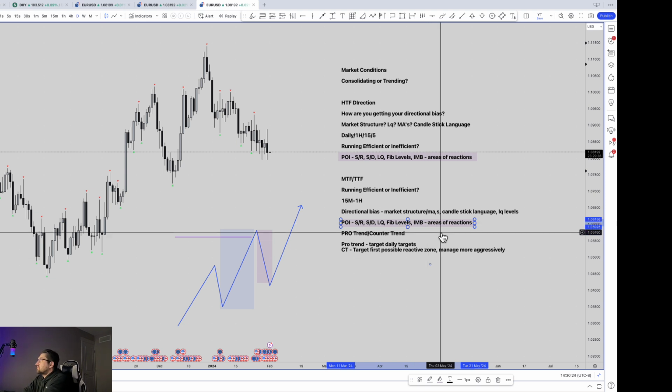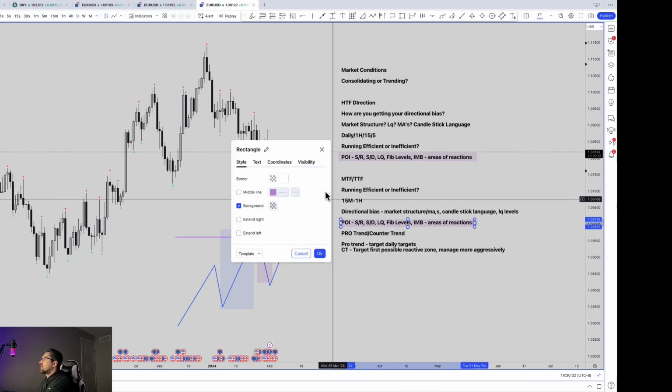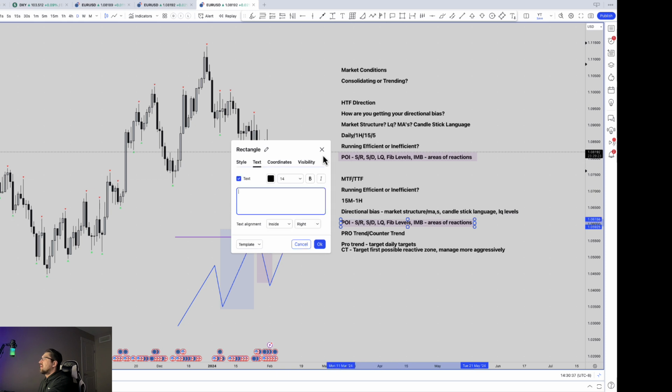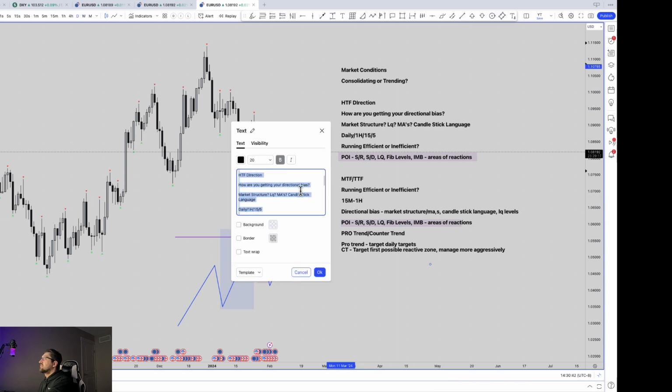Now, a lot of people use engulfing candles. A lot of people use wicks. A lot of people use chalks or bosses or whatever. However you want to do it, what we're going to say here is: look for reaction and realignment.